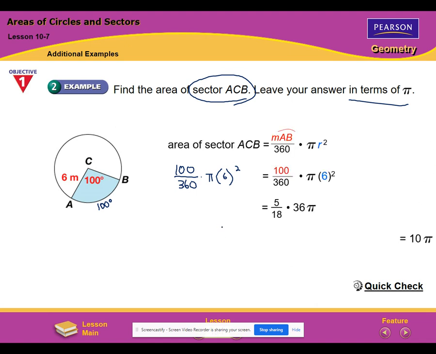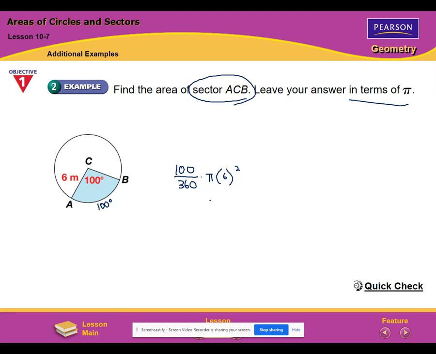What you'll end up with is 10 pi meters squared. It's an area. The area of this pie slice, if you will, what's in blue, is 10 pi meters squared. Something significantly less than the area of the entire circle, which would be pi r squared, right? 360 out of 360, pi r squared would give you something bigger, of course. So 10 pi meters squared.